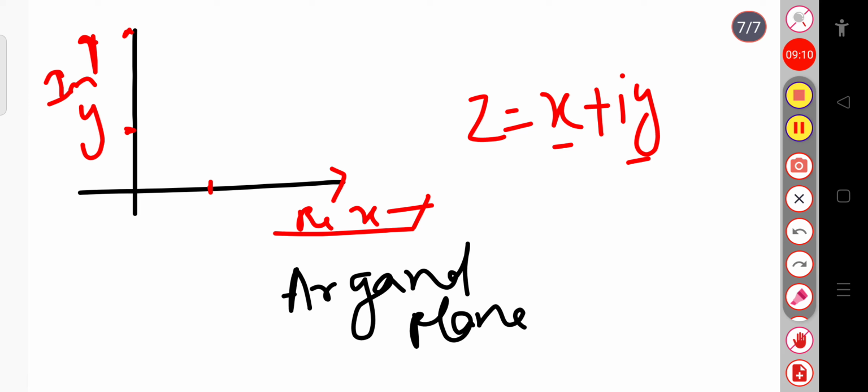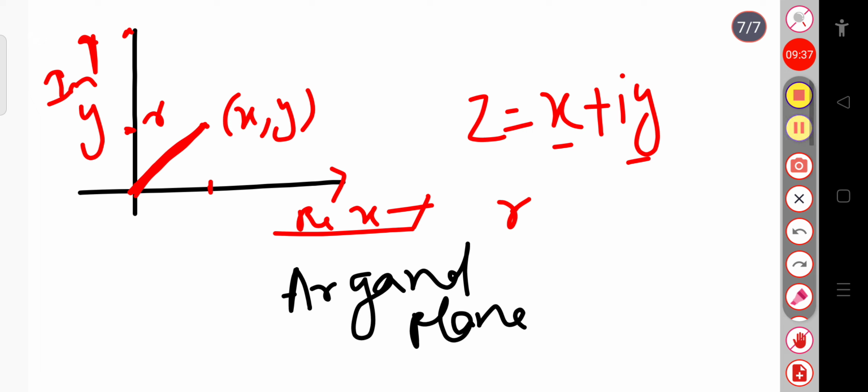So in this Argand plane, if I denote this point as x comma y, this part is actually the modulus of z, I am just writing this as r. This r is the position vector as in case of the Cartesian coordinate system.